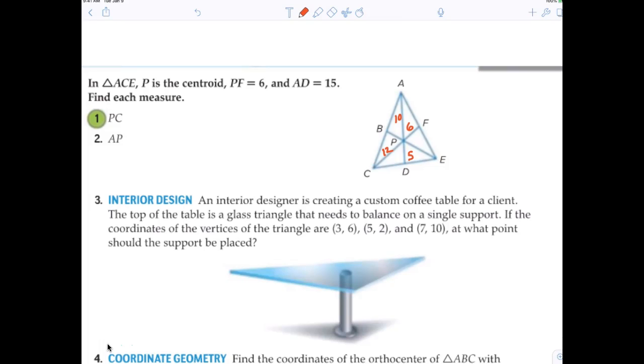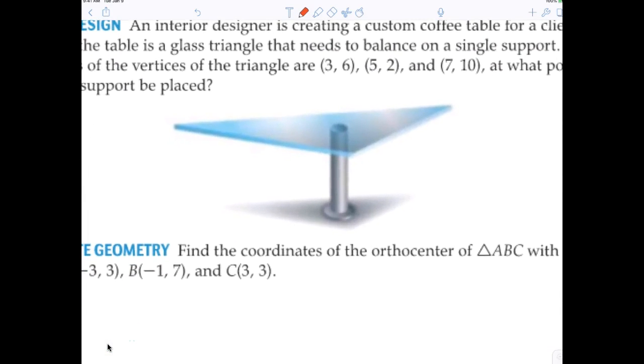Now, this is kind of what I was trying to tell you about the center of mass. If you had a triangular piece of glass and you wanted to make it a table, you could put one leg right there. That one leg would balance it out and support the whole thing.